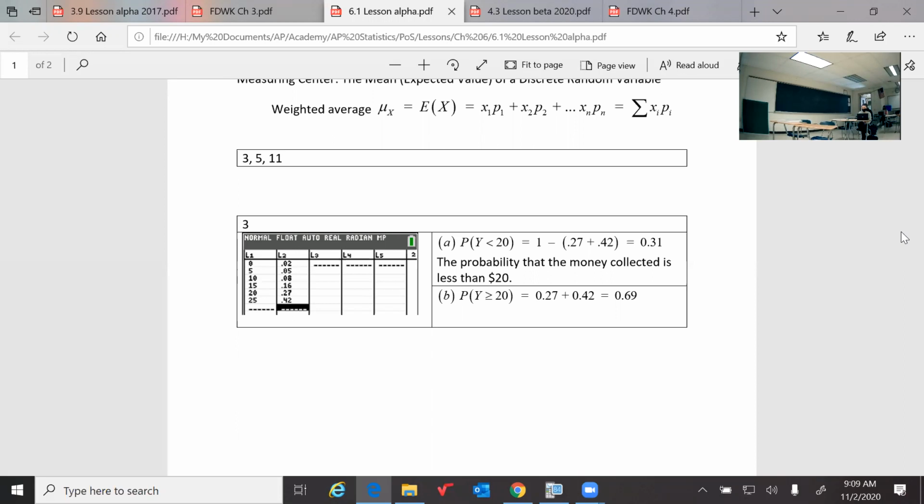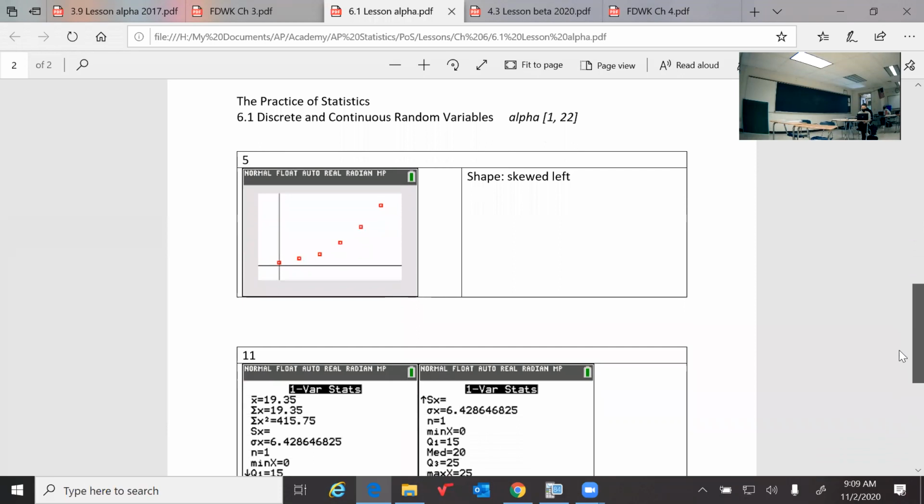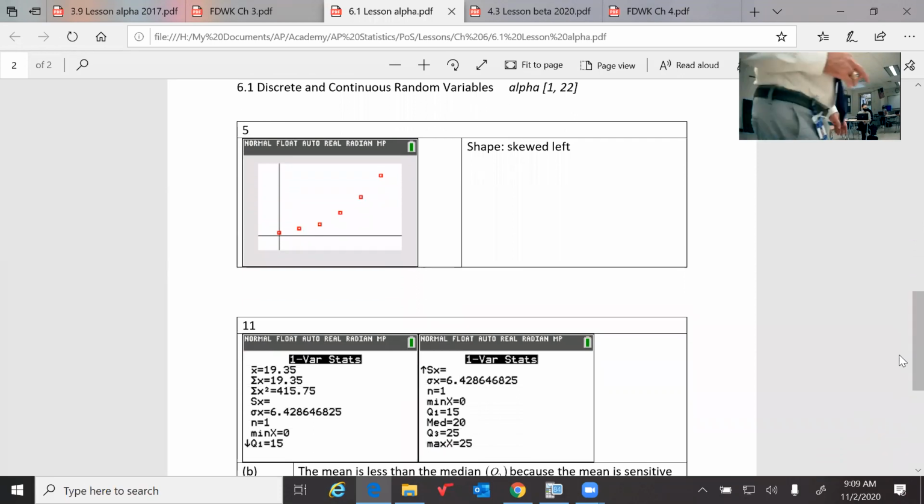Then problem 5 asks you to draw a histogram. Now, your calculator doesn't work this way for a histogram, so I drew it like this. But essentially, these would be boxed off.